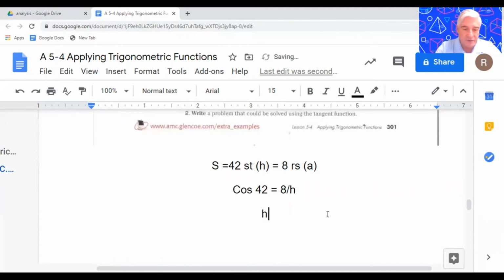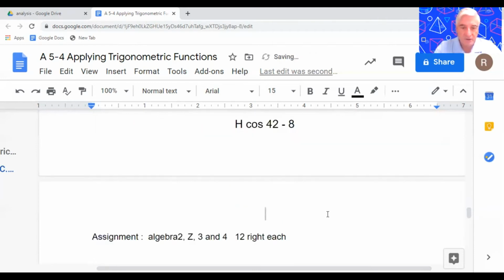We get h times cosine 42 equal 8. So now we're going to divide both sides by cosine. So h equal 8 divided by cosine 42.